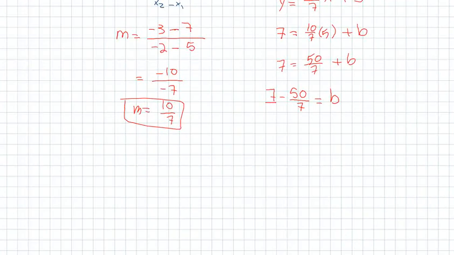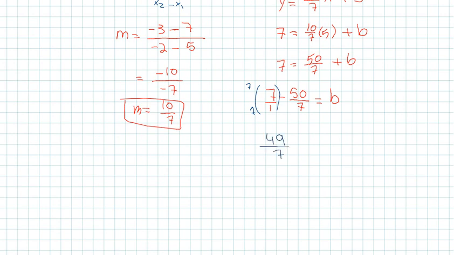So what would be my common denominator between the 1 and the 7? 7. So I have to multiply this by 7, both the top and the bottom. This one I don't have to change because I already have that denominator of 7. 7 times 7 is 49. So I have 49 over 7 minus 50 over 7.